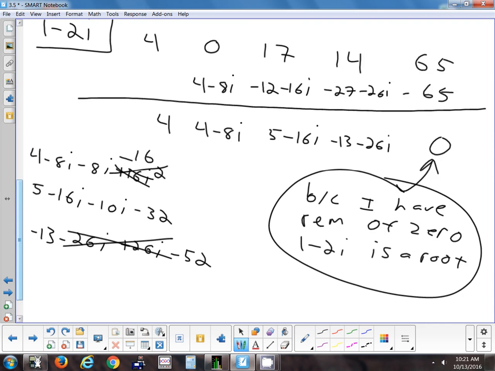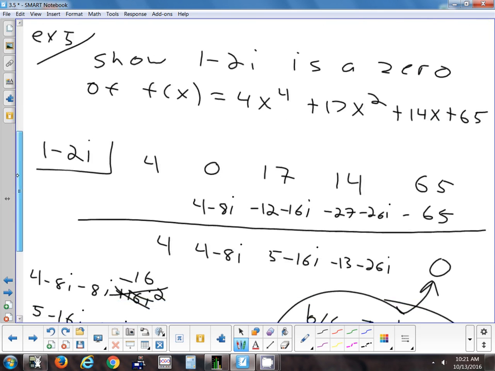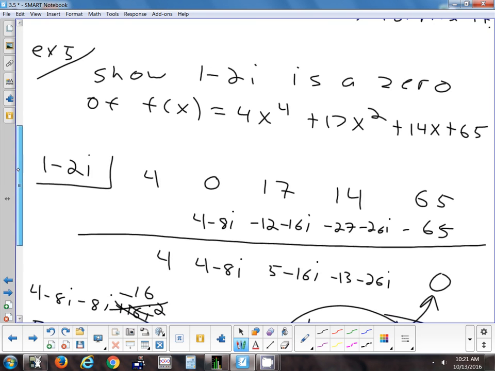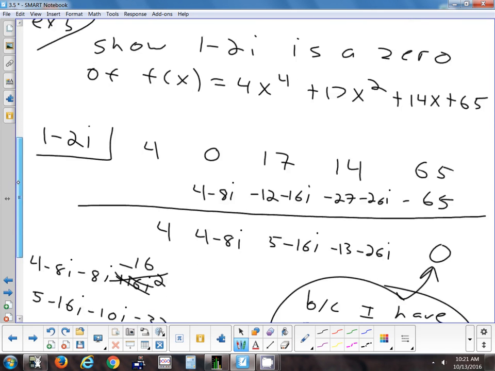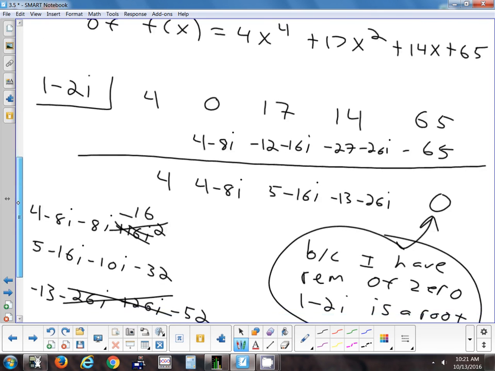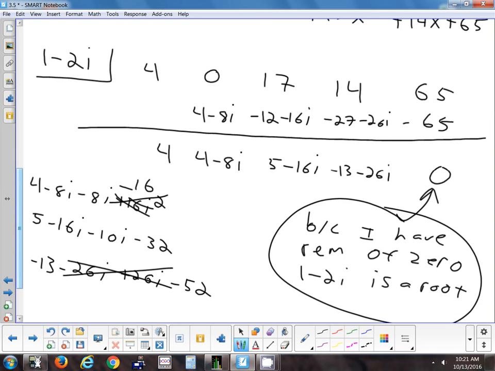Is the question asking you to show if it is a root, or to prove that it is already? It's basically telling you it is a root, and they want you to show the work why. For your answer, I would do everything I wrote for the work and write this little statement.